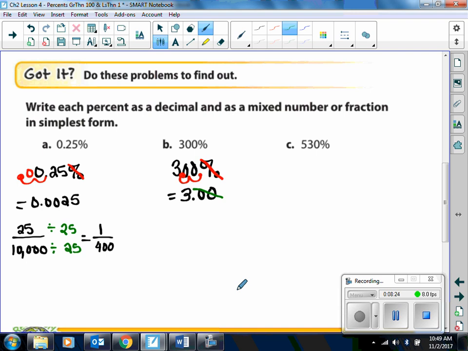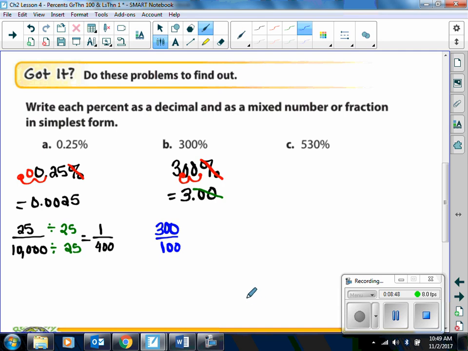You got that? Now, if I want to write 300% as a fraction, remember, percent is always over 100, right? So here, let me write it in blue. We've got 300 over 100.